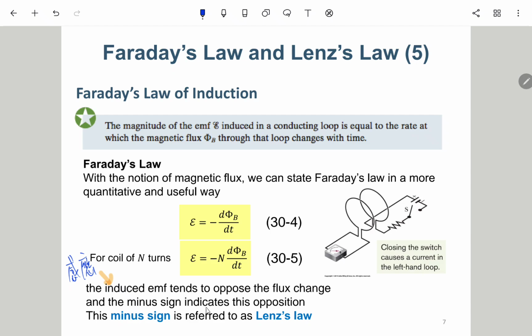The minus sign indicates opposition. This minus sign refers to Lenz's law. Just as I mentioned in Faraday's law, this minus sign is called Lenz's law. You might find it strange that the whole thing is called Faraday's law while the minus sign is called Lenz's law.